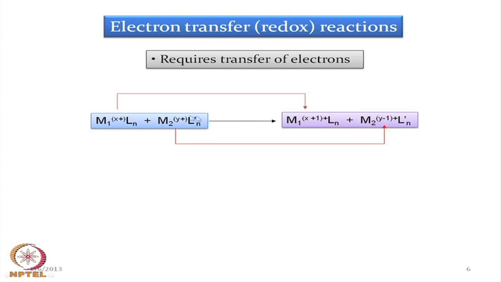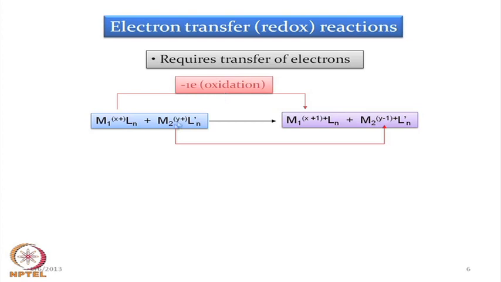When they are reacting, they can be different also; one center can be a cobalt center and the other a chromium center. If one has an oxidation number of X plus and the other Y plus, the electron is moving from one to the other.